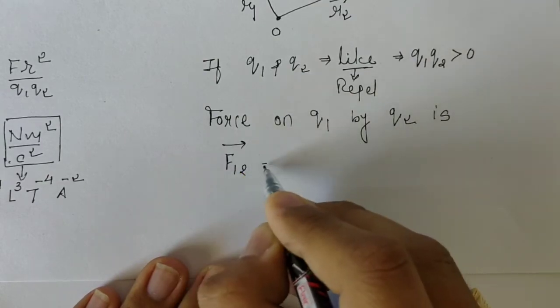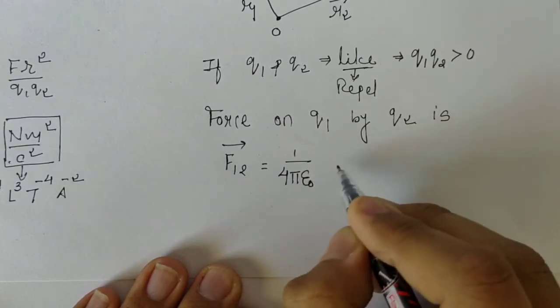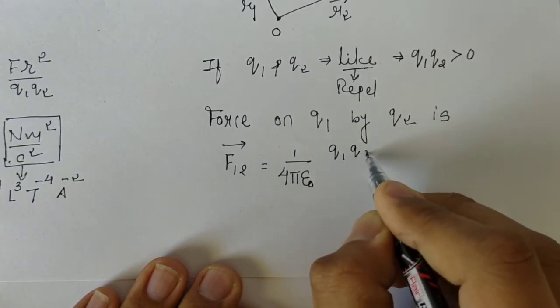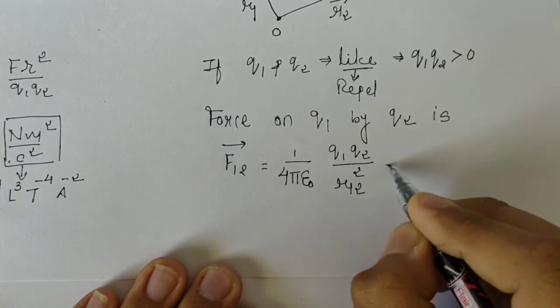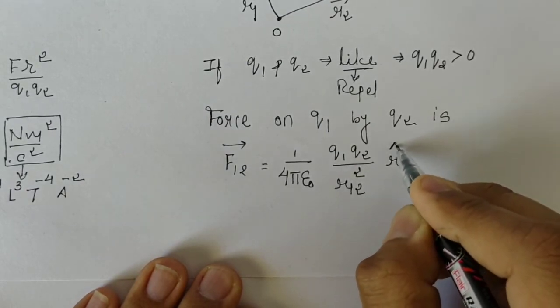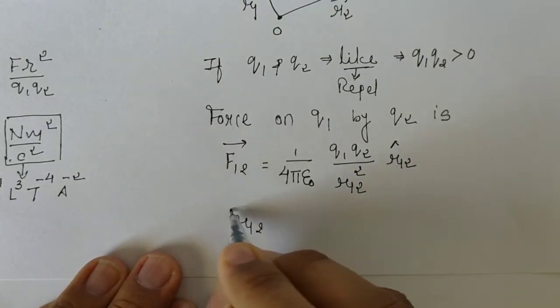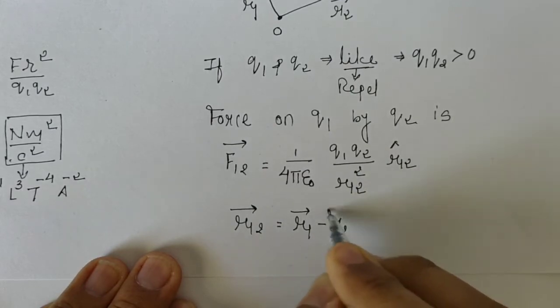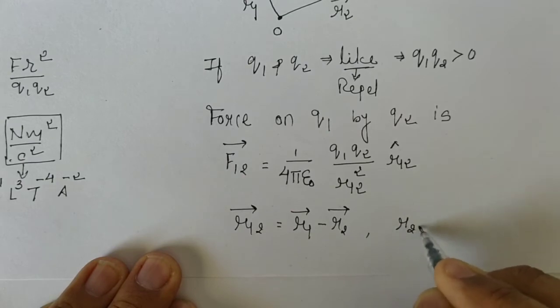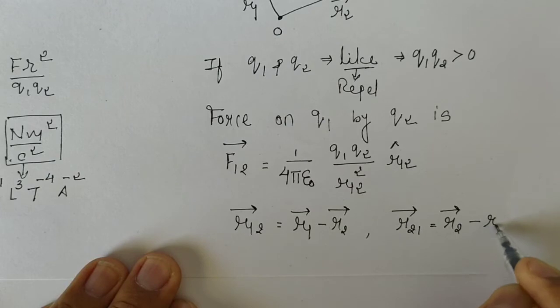Force on charge Q1 by Q2 is F12 equals 1 upon 4 pi epsilon 0 Q1 Q2 divided by R12 square R12 caret. Here R12 is equal to R1 minus R2. Similarly, R21 is R2 minus R1.